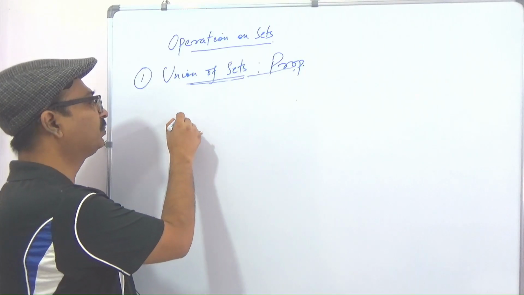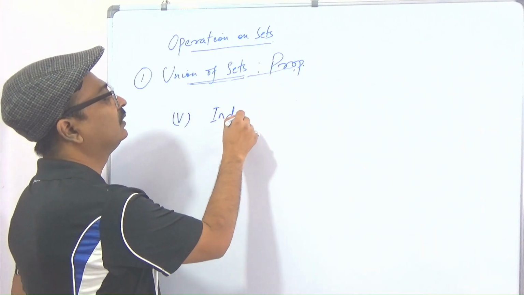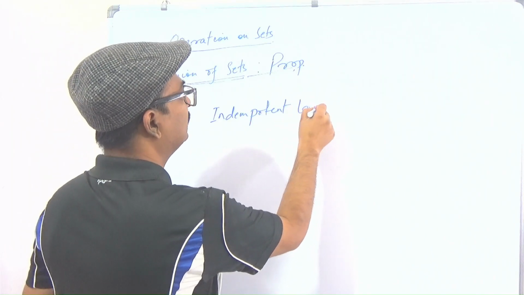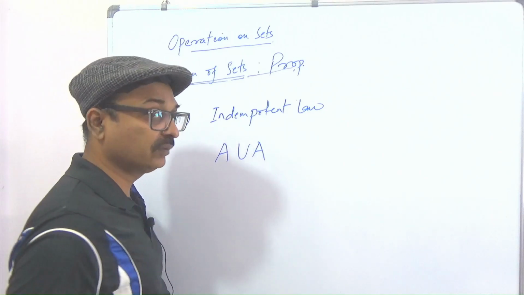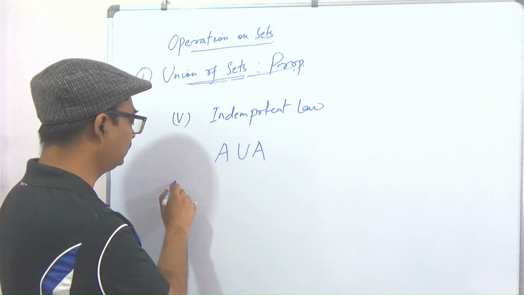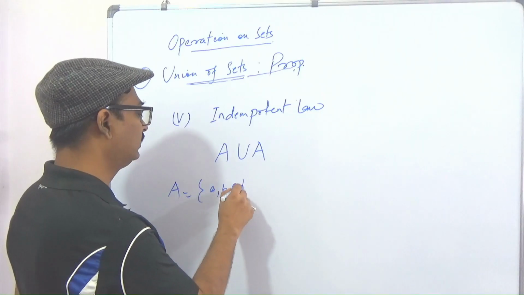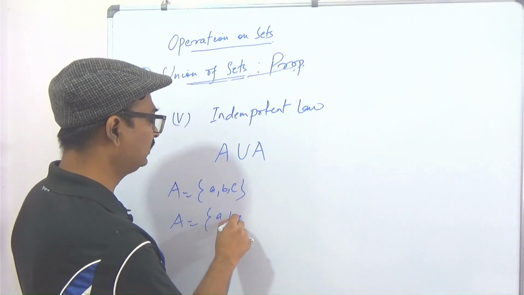The fifth property is called the idempotent law. It says A union A, what will it be? A is ABC, again A is ABC.